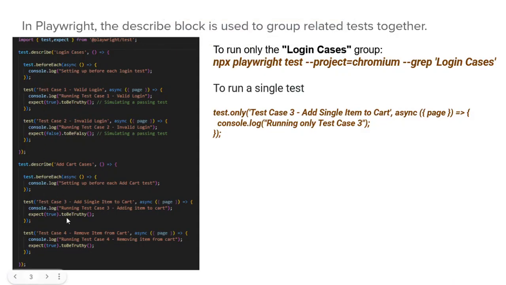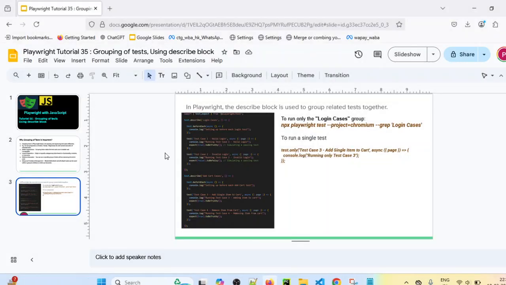We have created two different groups, first for login, another for the cart module. And whenever you want to execute a specific group, we can use npx playwright test file name along with the grep command, and we can pass which test describe block we want to execute.